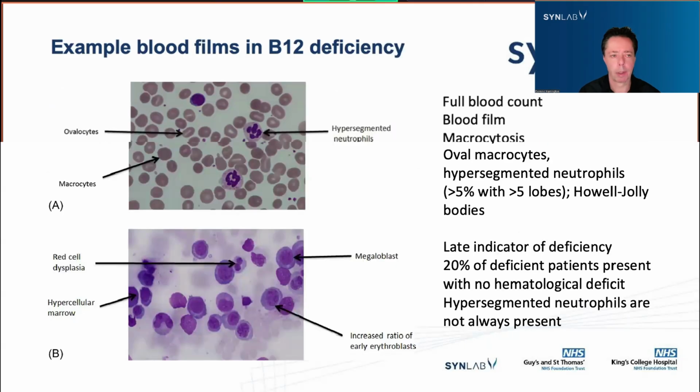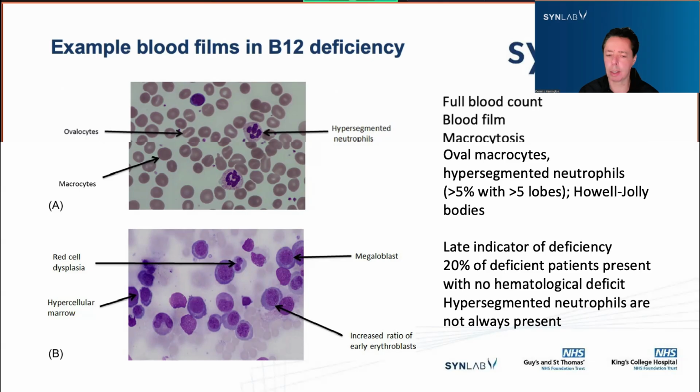So this is an example of where B12 deficiency could be identified by accident. You may do a full blood count and you may see in a blood film that there are unusual cells that are funny shaped or they're too big. Now, what is important again to highlight is that not all B12 deficient patients will have macrocytosis.